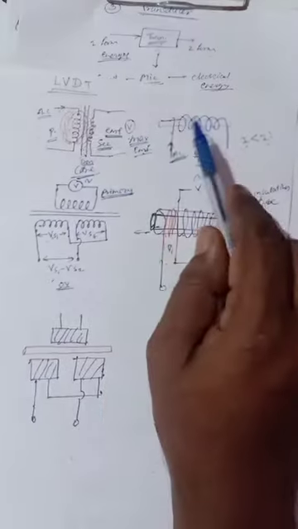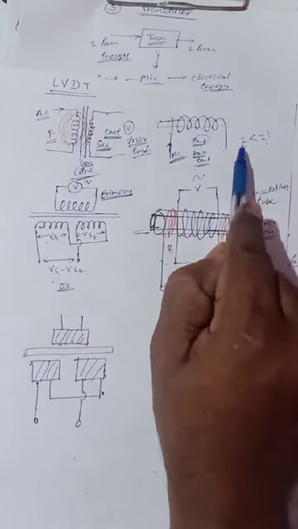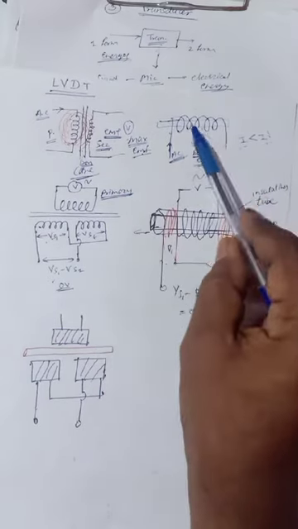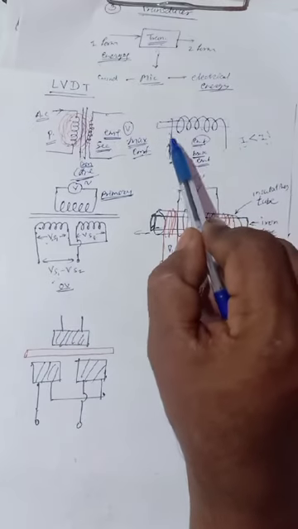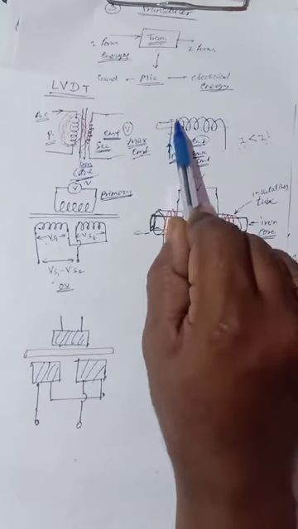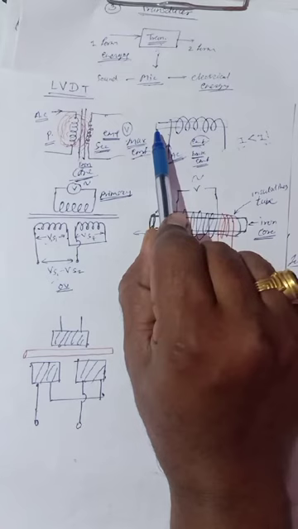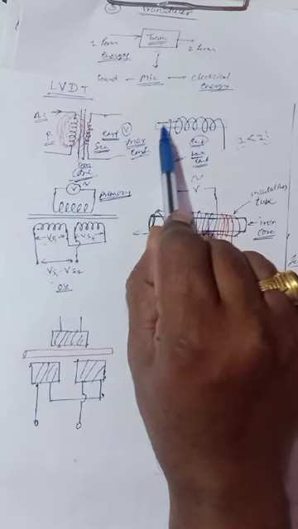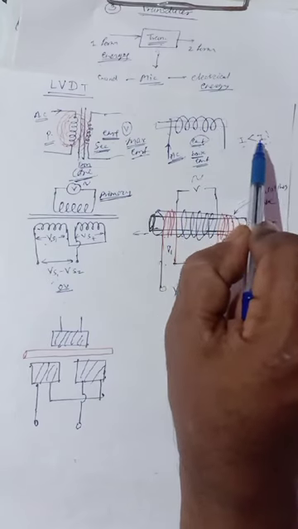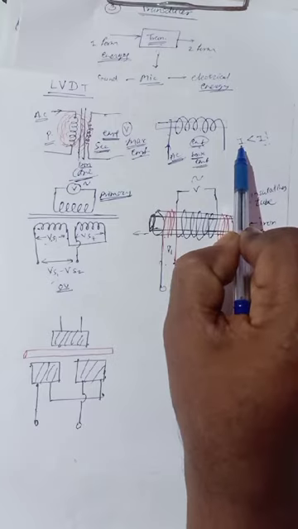There is only a difference of core, because the wire is the same, number of turns is the same, cross sectional area is the same, length is the same, and we just put an iron rod, that is the core, inside the coil, so the inductance value of the iron core becomes greater than the inductance value of the air core.